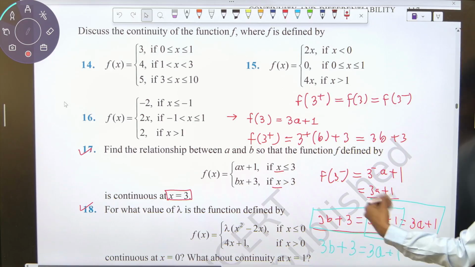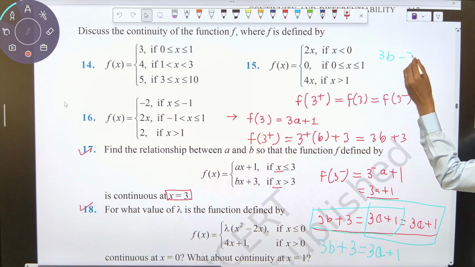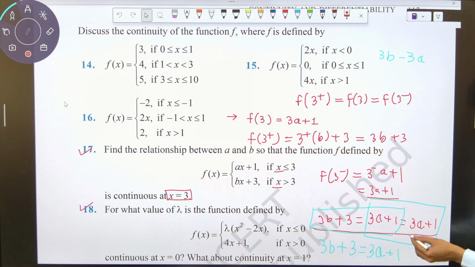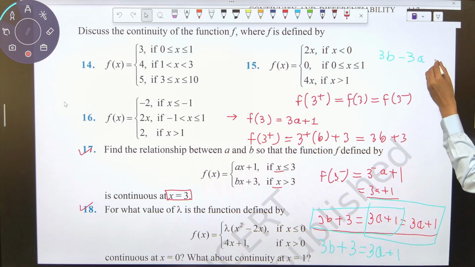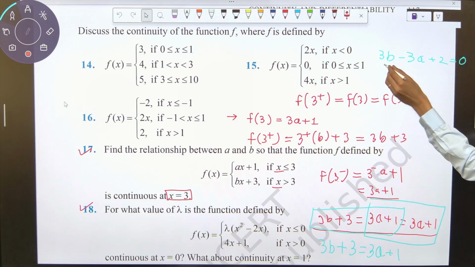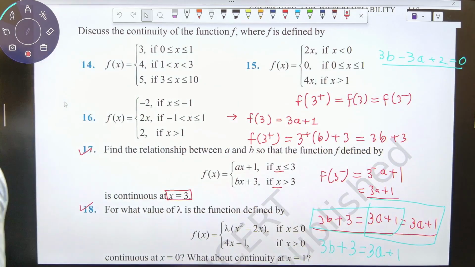Now take all the terms to one side: 3b minus 3a. The 1 will go to that side, plus 2 is equal to 0, and that is the relation between a and b. Okay, write it down.